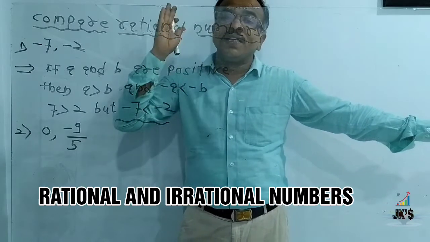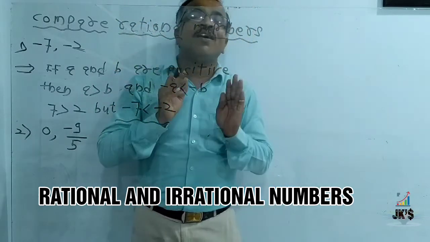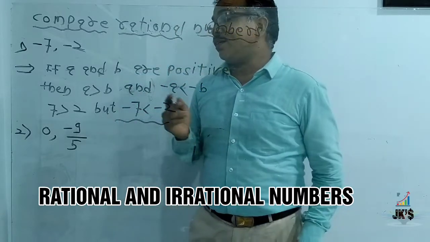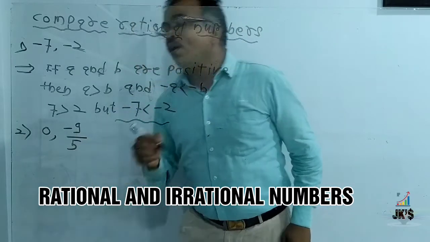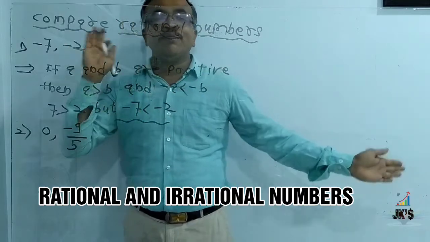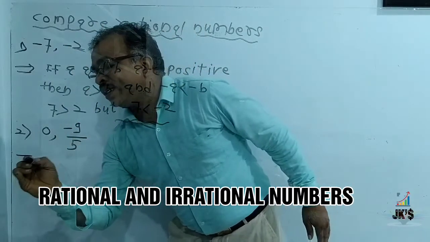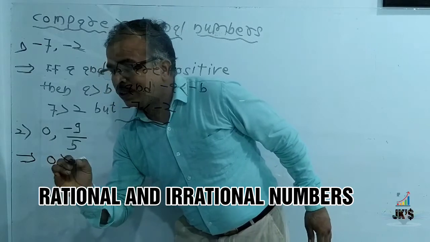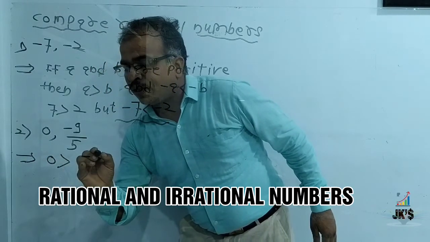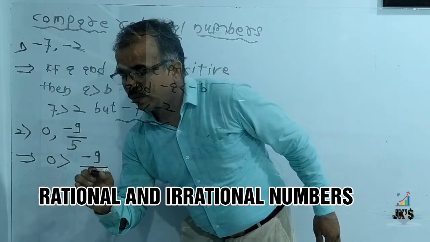Hence 0 is greater than minus 9 upon 5, because 0 is on the right of minus 9 upon 5. So the answer is 0 is greater than minus 9 upon 5.